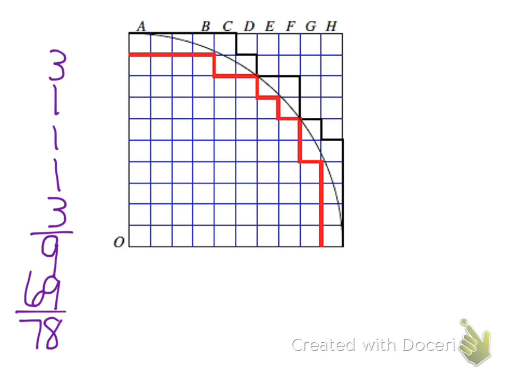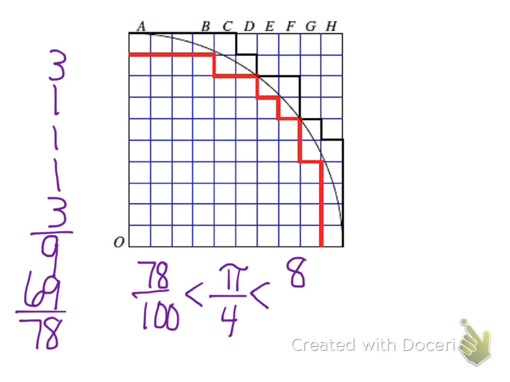So what that means is, let's put our pi over 4. We can say that pi over 4 is greater than 78 hundredths and less than 86 hundredths.